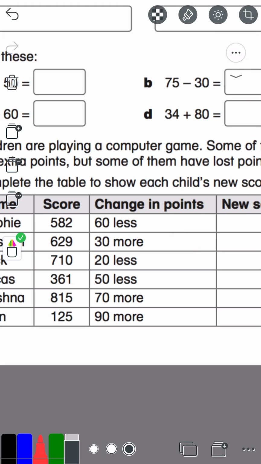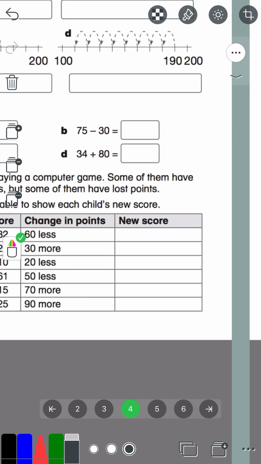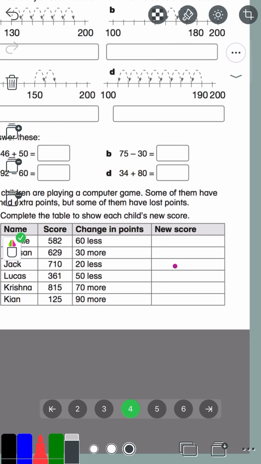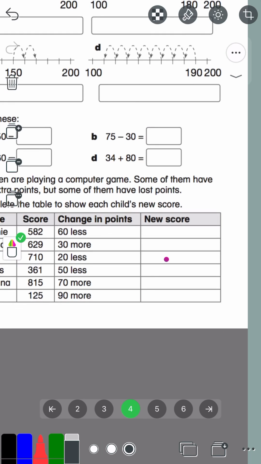So look, here we have less. Less means what? Means minus. So 1 minus 0 equals 1, 6 minus 5 equals 1, 3 minus nothing equals 3. So you have to write the answer here. For the last example, 125 minus 90, look here, no, it's not minus, it's more, because we have the word more, it means plus.